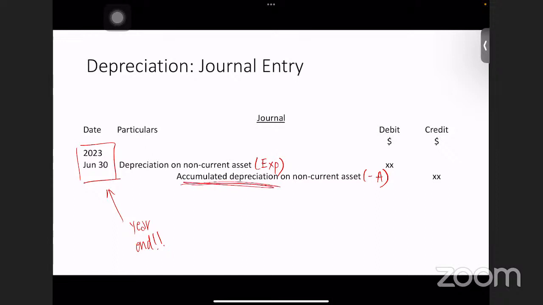Like the word suggests, accumulate just means that every year I keep on adding and adding. Every year I will keep adding my depreciation to this account. So my accumulated depreciation is increasing because this is a contra asset. When I credit, it increases.